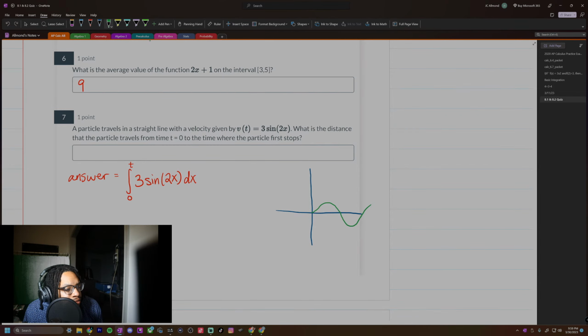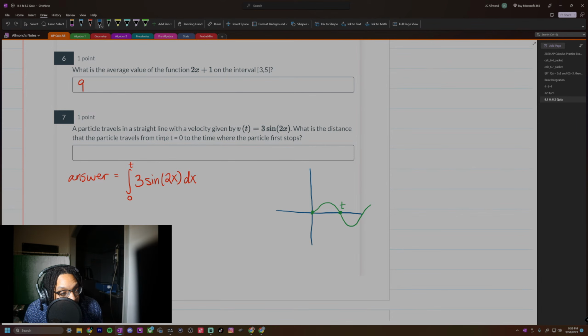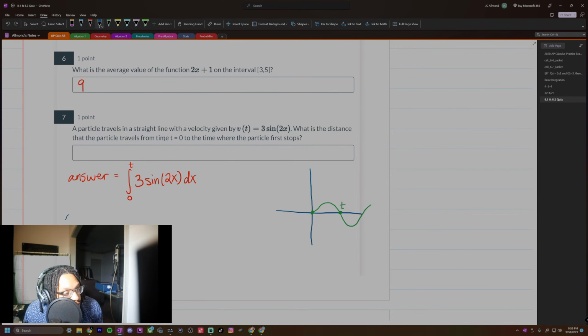And if this thing is a velocity, we start where the velocity is 0. We have some velocity, and then boom. So from dot to dot is what our bounds are. We're just trying to figure out what that t value is. And we can figure that out by realizing that velocity is 0 if the particle is stopping.